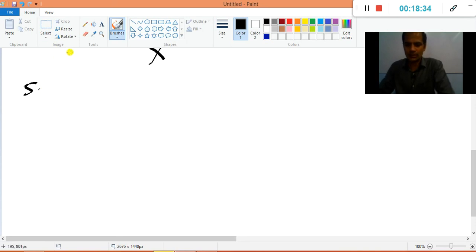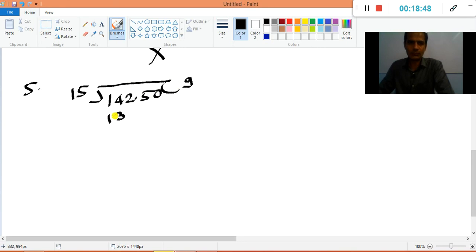Now we have to perform the division, so divide by 15 and the dividend is 142.50. So we know that it is 15 9 ja 135. After subtraction we have 7, then copy this 5, and as there is decimal before 5 we have to put a decimal here, and we have 15 5 ja 75, okay.